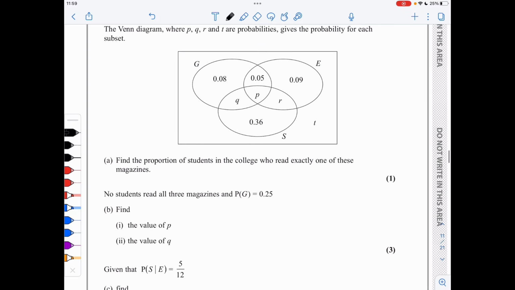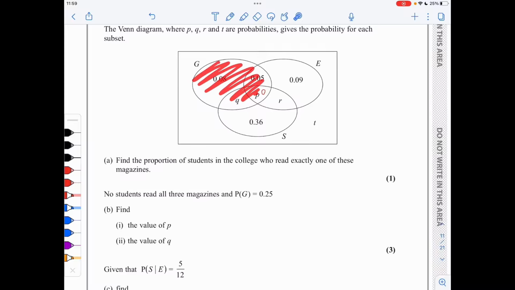Now, no student reads all 3 magazines, and the probability of G is 0.25. So we've got 2 pieces of information. There is nothing in the intersection, so this here is 0, and then all of G is 0.25.